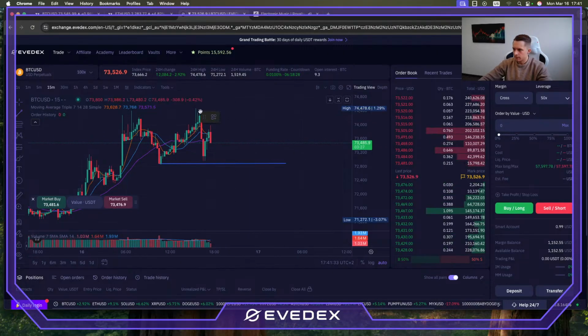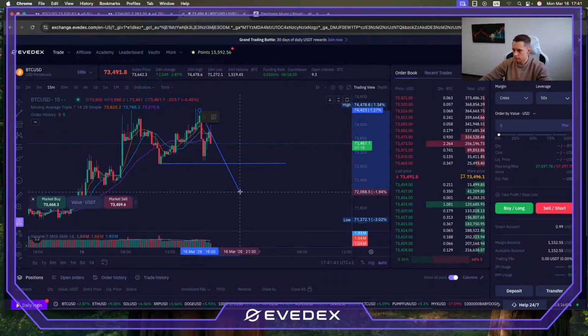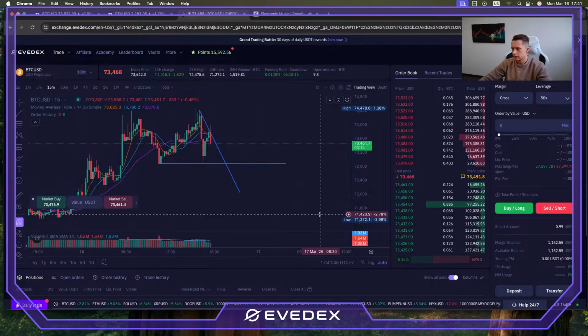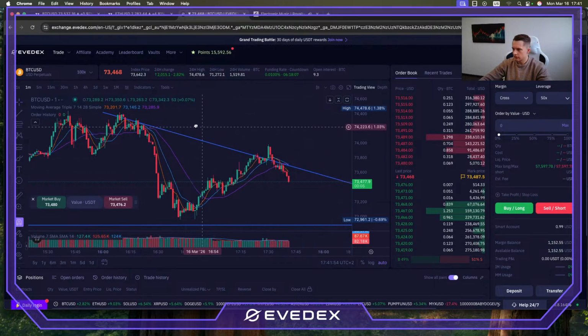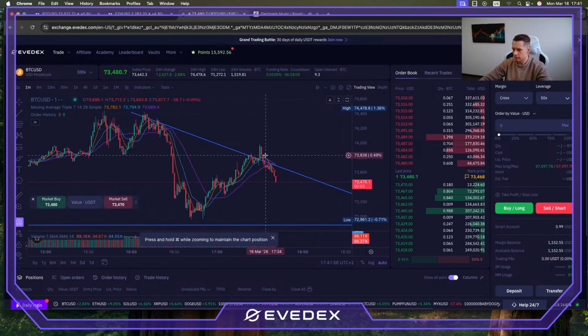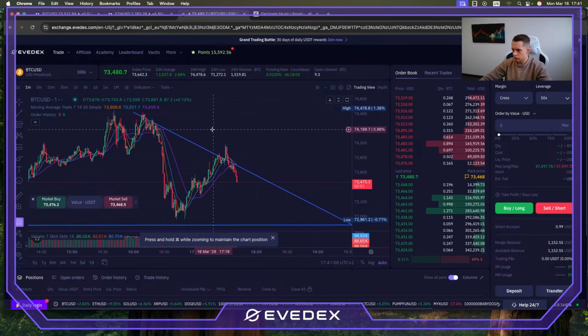That would look something like this. So we could expect the next peak to be around this area, and if we look at the 1 minute time frame, that is what is currently happening.